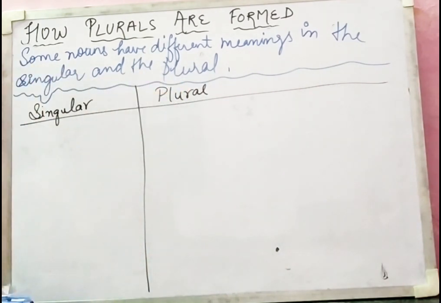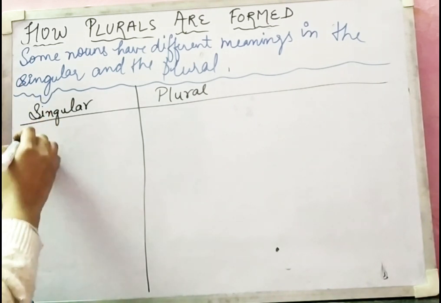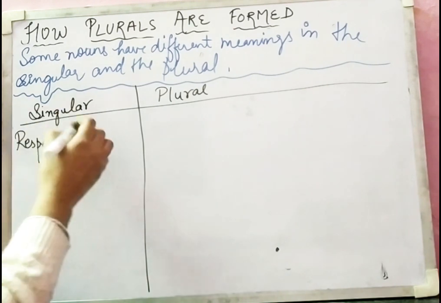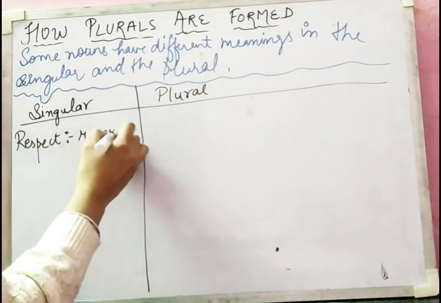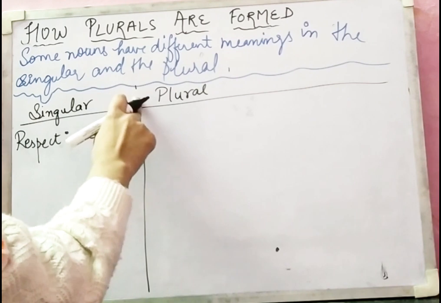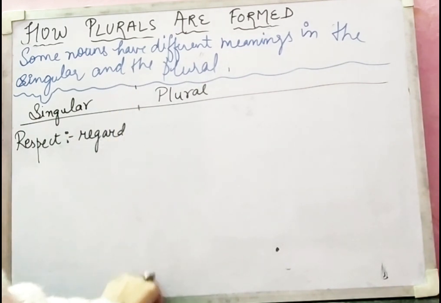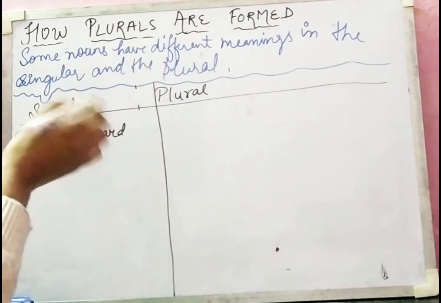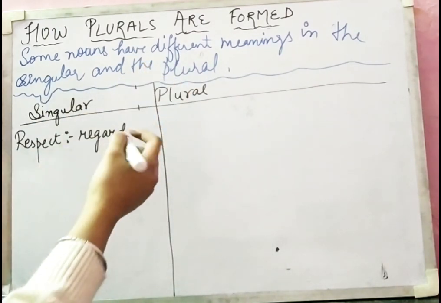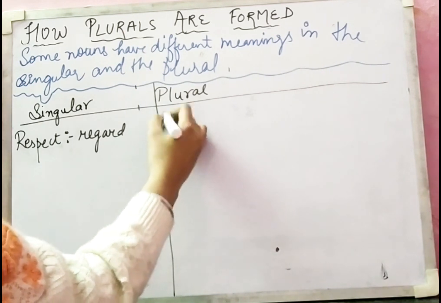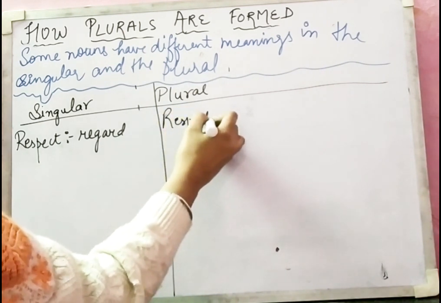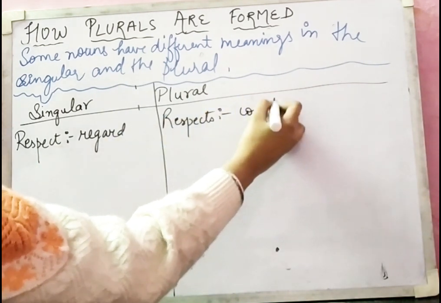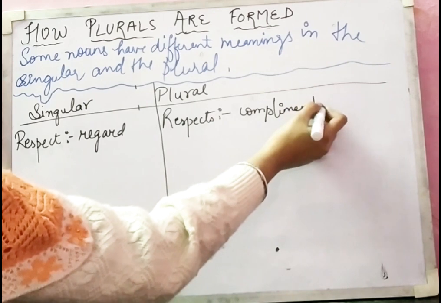Like in singular, I have taken one example, that is respect, which means regard in singular. So in plural, this becomes respects, as this is plural, and respects means compliments.